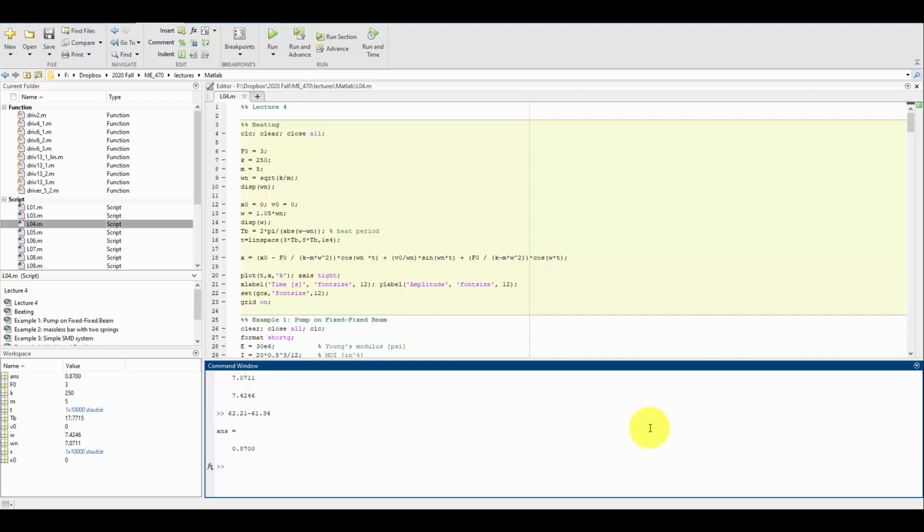So a time between them of 0.87 seconds. So let's see what angular frequency that corresponds to. It will be 2 times pi divided by 0.87, and we get here 7.22 radians per second.